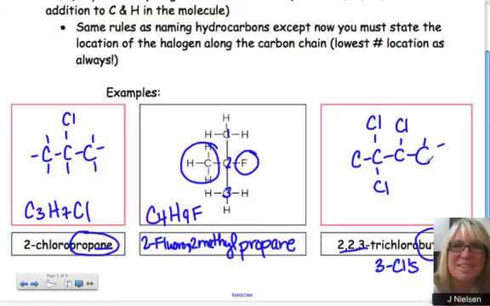The rest of the spots are occupied by hydrogen. Remember to make sure that all carbons each have 4 bonds. Molecular formula would be C4H. Now if this were truly butane, it would be C4H10, double plus 2, but 3 of those spots are occupied by chlorine, so it's going to be H7Cl3.